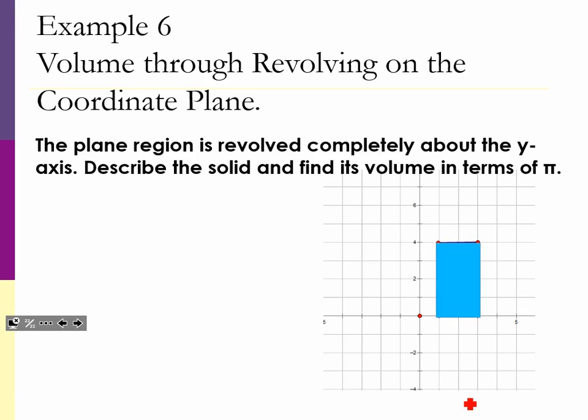But if the plane, that means the blue square, is revolved completely about the y-axis, that means I'm going around the y-axis as such, okay? But we're doing the whole space. Oops, that's a big circle, but we're doing this whole thing about the y-axis.